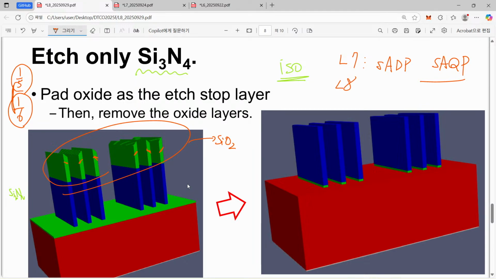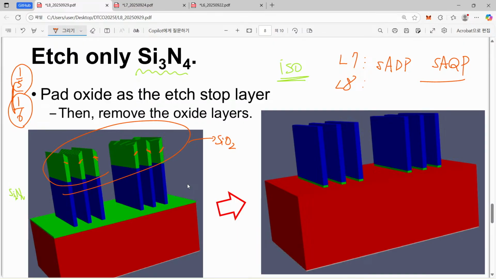And in today's lecture, we thought about how to transfer this silicon dioxide pattern onto a silicon nitride pattern. At first thought, it is quite easy to just use this silicon dioxide as a mask and just drill down.